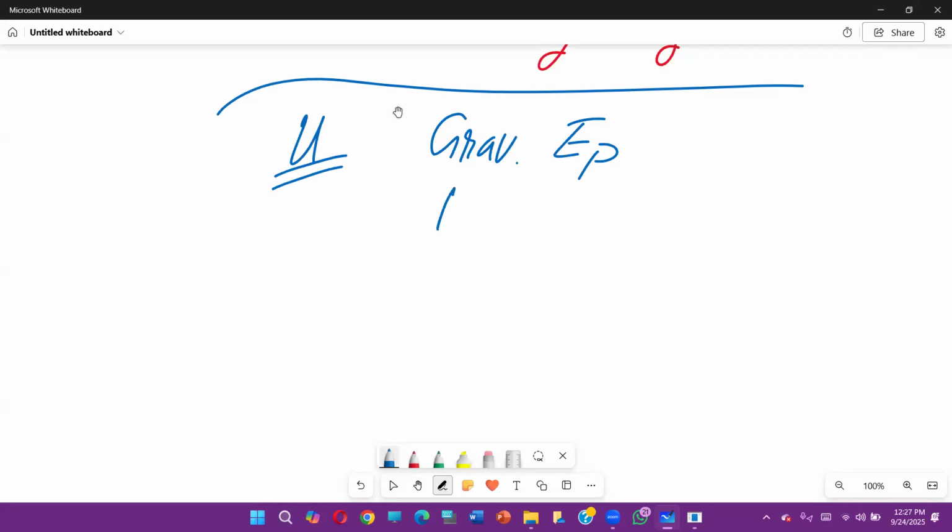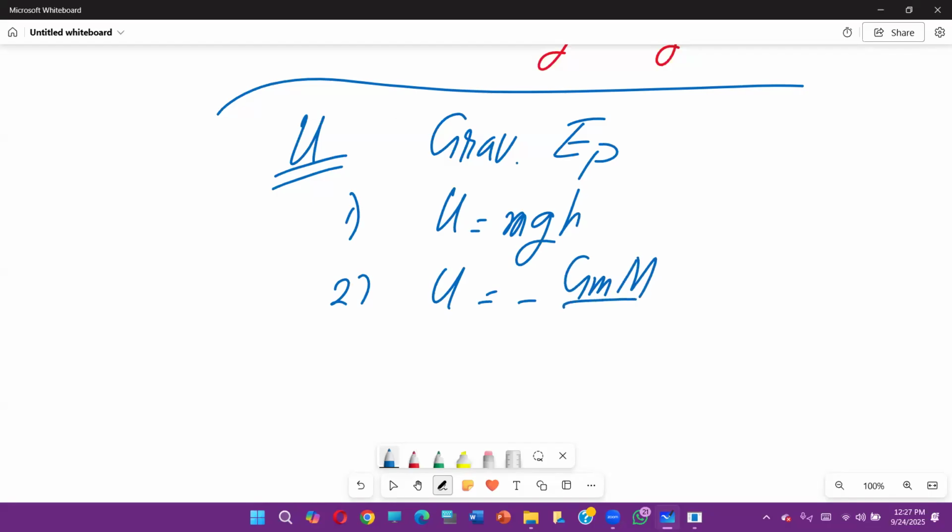So what is U? The first formula of U was mgh. But this is not workable for objects in space because g varies. And then the second formula is U equal to minus GMm upon R. Why is U negative?